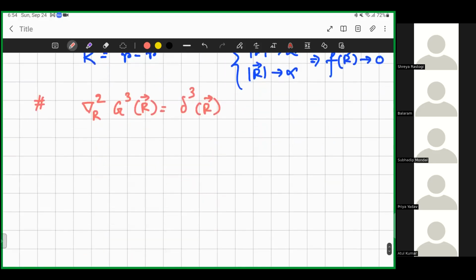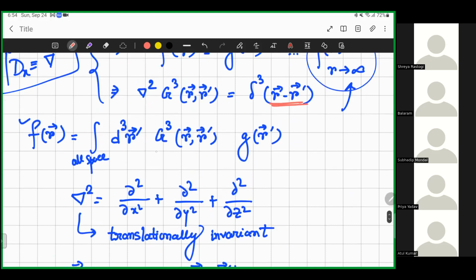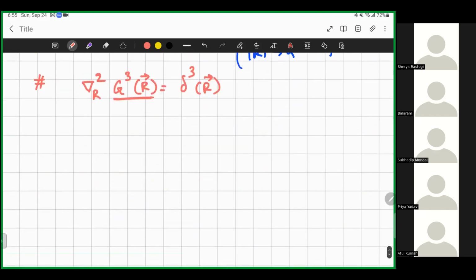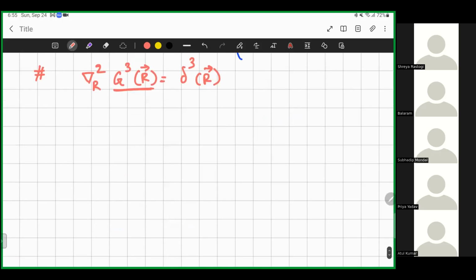First we have to evaluate that G, then we will put that G in this Green function kernel, which is called the kernel. Then we can evaluate the effort. This is our procedure.